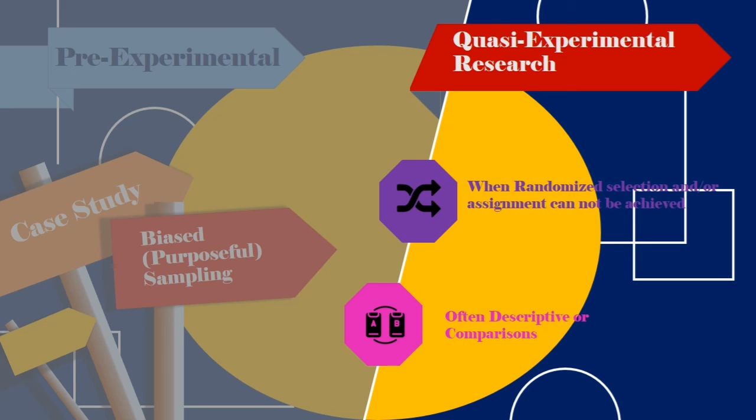As I said earlier, this is often a descriptive or a comparison study. In short, this is useful in situations where true experiments cannot be used for some ethical or practical purposes.